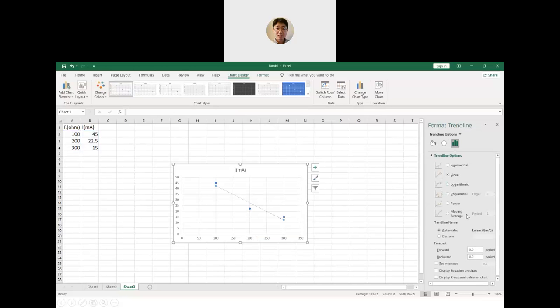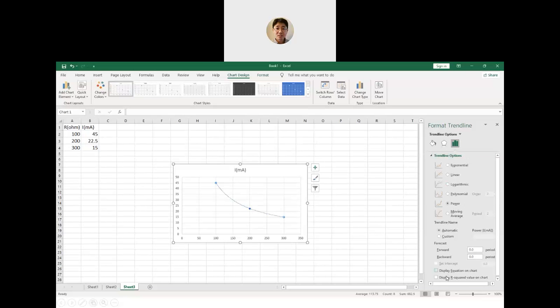In that case, because it is an inverse relationship, we have to use power. Power works well. In the trend line options, you have to choose power.